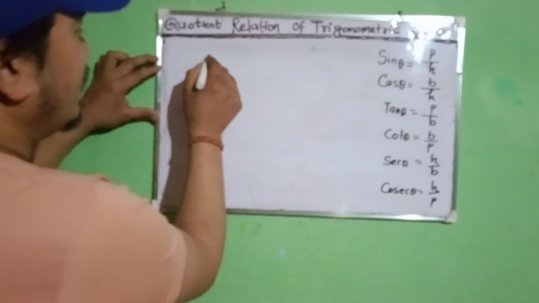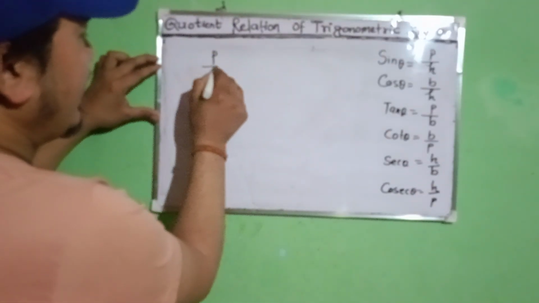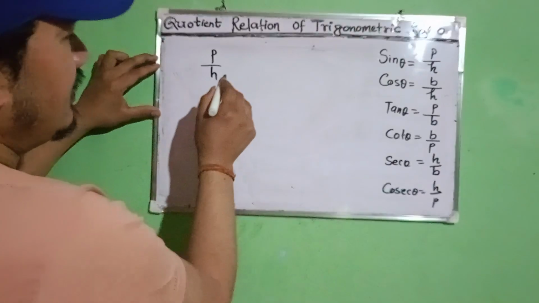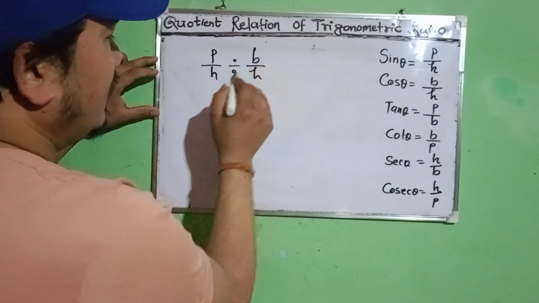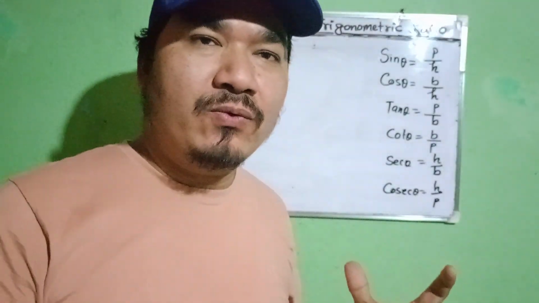When we divide p by h by b by h, as we know, they are in fraction form.